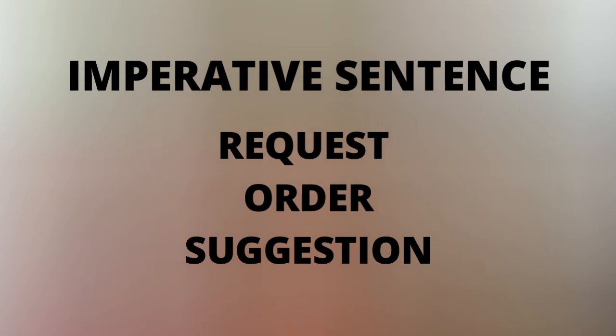So we have looked at imperative sentences where we are requesting or suggesting something, or giving an order. These three kinds of statements. Keep quiet. Please maintain silence. We are giving an order. Do this job immediately. Or we're requesting, can you please do this for me?